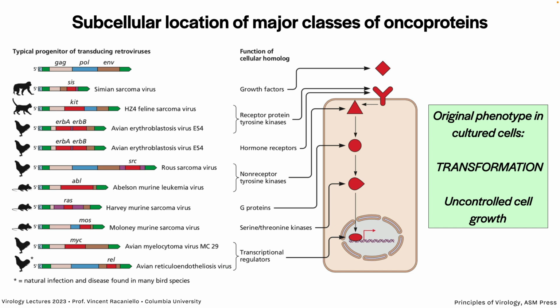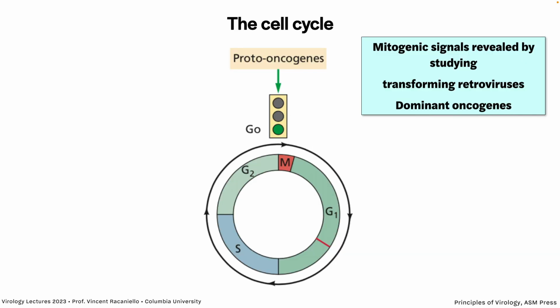So by inserting a gene for any one of these intermediates into a retrovirus, you make the retrovirus capable of making the cell divide. Now remember, that's the original phenotype we saw in cultured cells, uncontrolled division, transformation. And that's caused by inserting genes encoding any of these proteins into a cell via a retrovirus. So it's really remarkable. And they figured out the whole pathway just by pulling out retroviruses of different species.